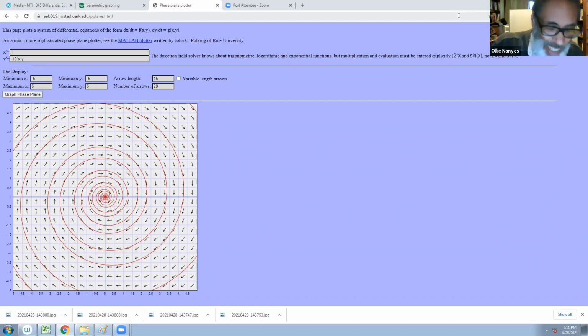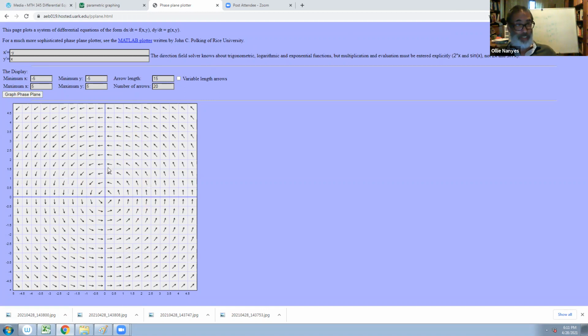Negative y, x. And we graph the phase plane, and we just draw normal things, and you get closed curves. This is the center.